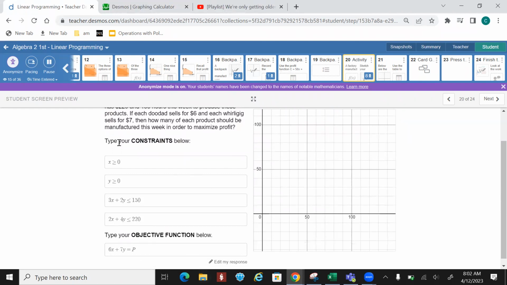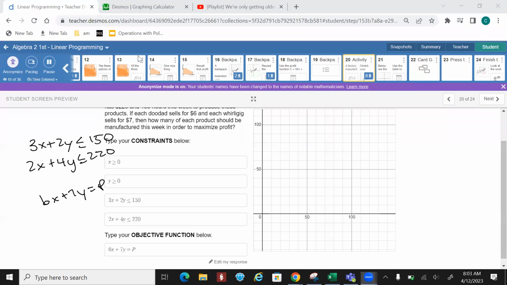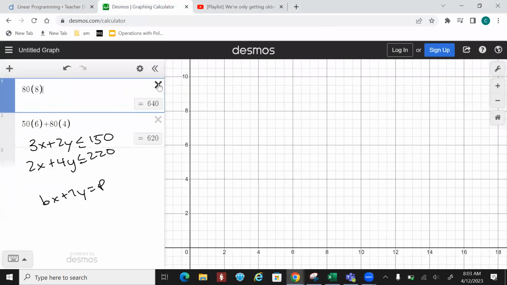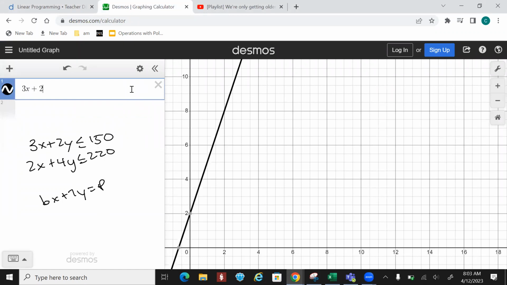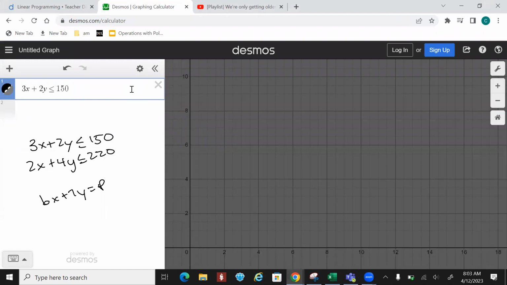Now we're going to take all of these and we're going to graph them. So we go into Desmos. And we got 3x plus 2y is less than or equal to 150.